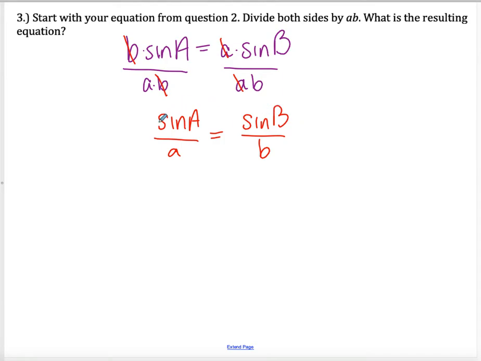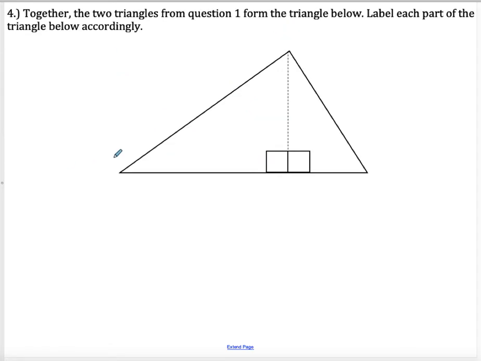This is the basis for the law of sines and what is always true. Let's put these triangles together. Picture from the very top of the page, the triangle on the left and the triangle on the right being merged together.